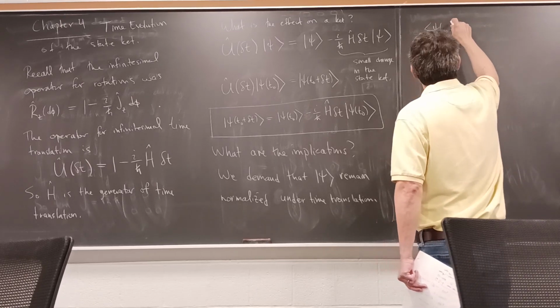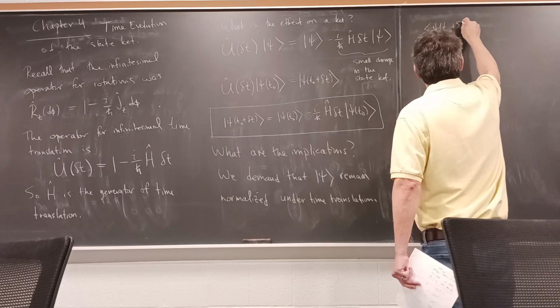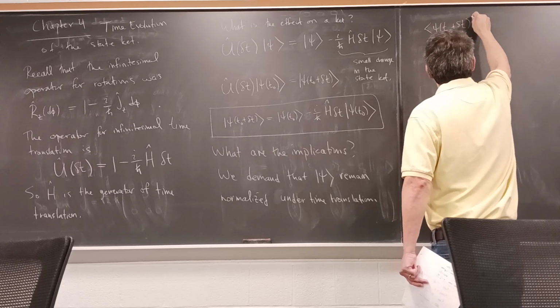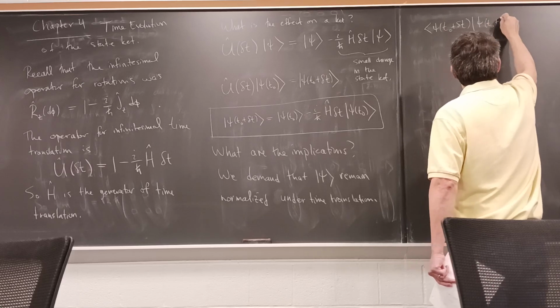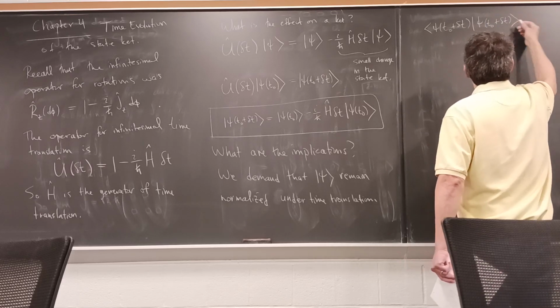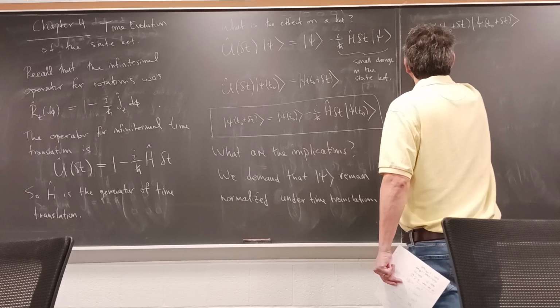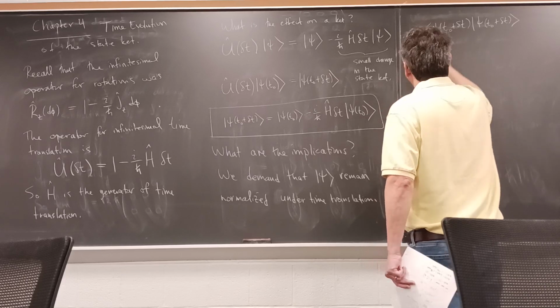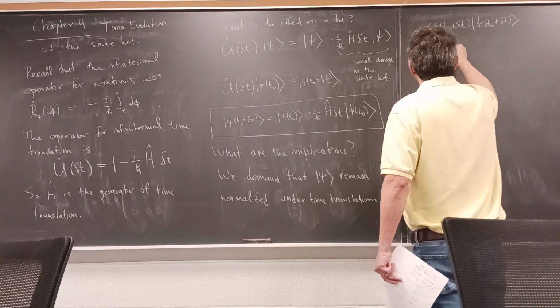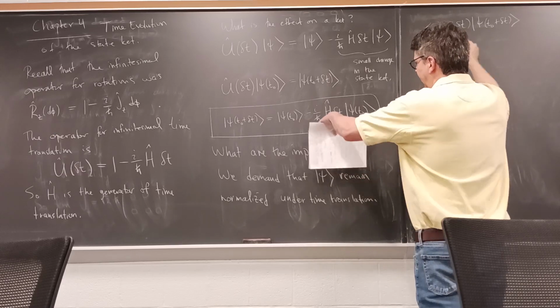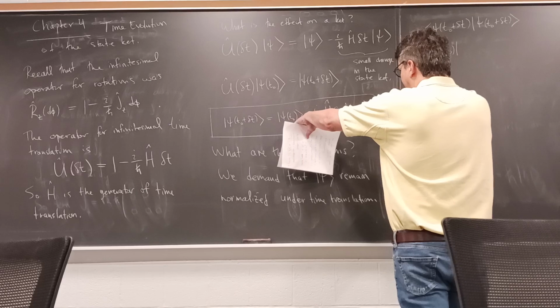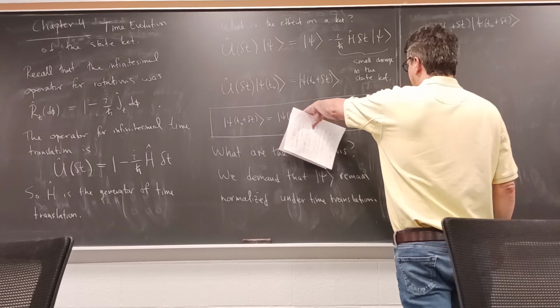to remain normalized. So that means we can take this state ket and take its inner product with itself and see what we get. So let's do that. That will be psi at t0. Now, if I turn this whole thing around into a bra, I have to change the sign of this thing.